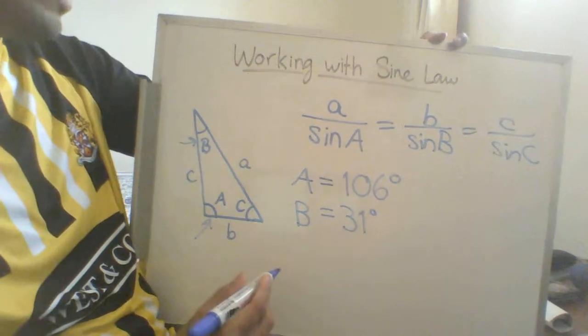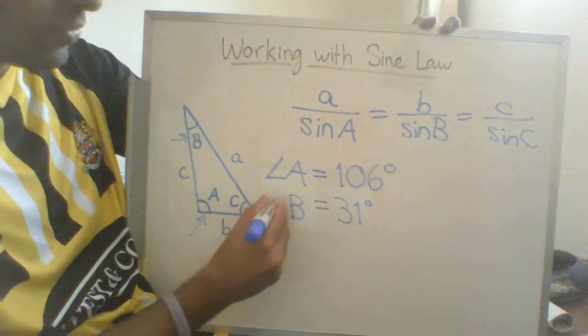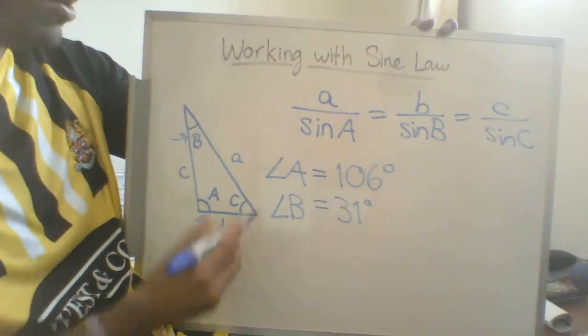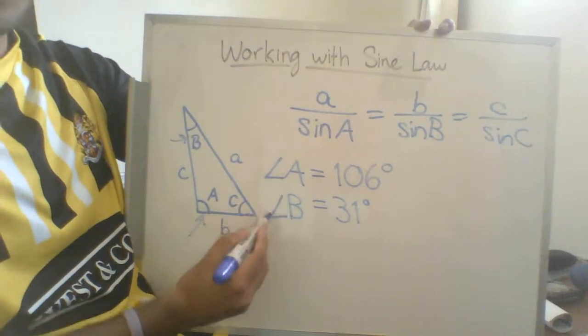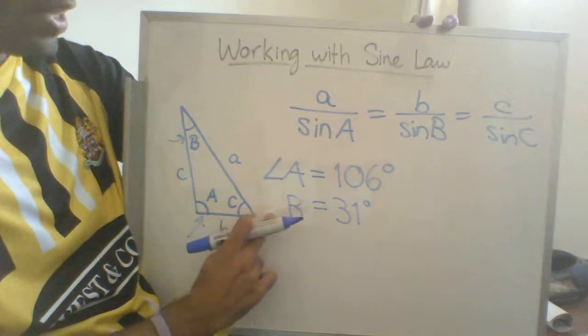In textbooks, you might see an angle symbol in front, which just means angle B. You could write that in.